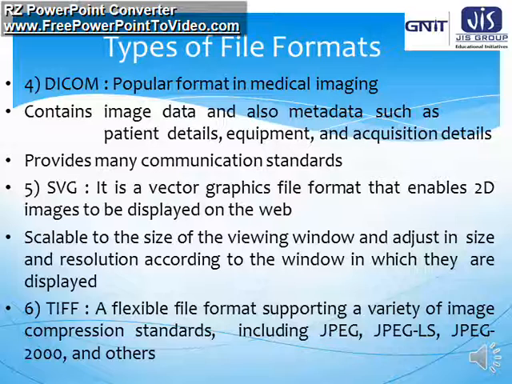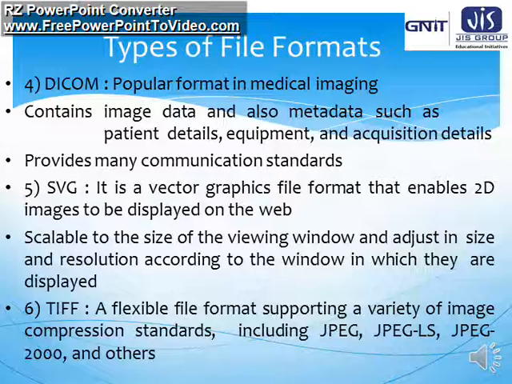Next one is SVG, which is a vector graphics file format that enables 2D images to be displayed on the web. So this SVG is also very important. It is scalable to the size of the viewing window and adjusts in size and resolution according to the window in which it is displayed.